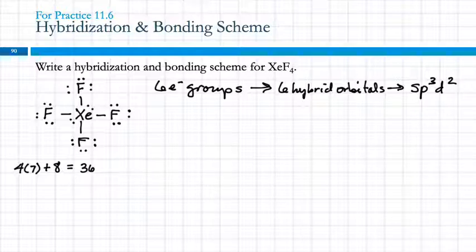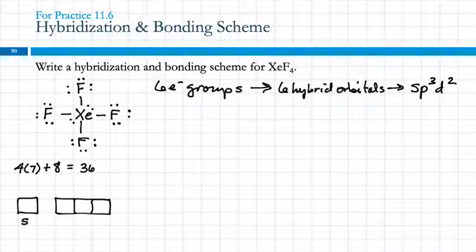So on the worksheet, what it has you do is draw electron diagrams for the atom by itself and the atom hybridized. So for xenon, xenon has s and p, and it's got 8 valence electrons, right?